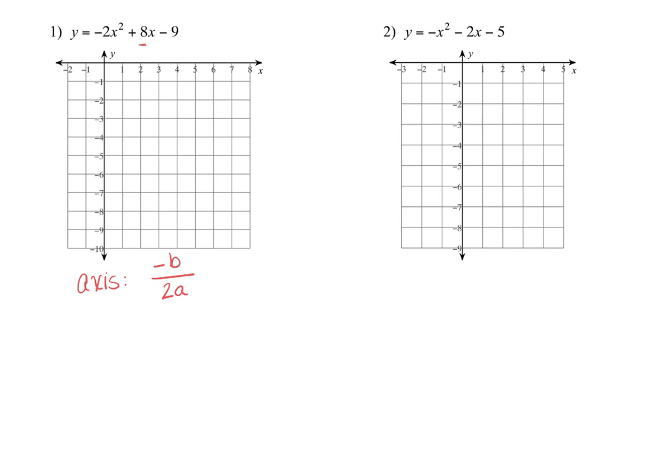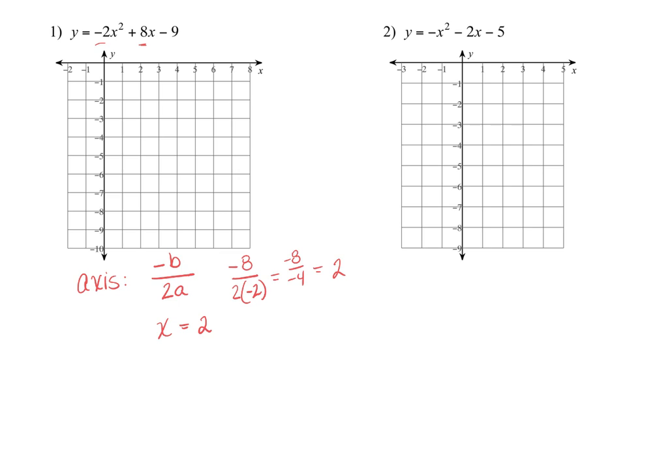So we're going to say -8 over, my a is -2, so 2 times a. So I end up with -8 over -4. You do want to reduce that. That is 2. The way I would write my axis is I would say x equals 2. Negative b over 2a is your shortcut to find your axis when it is in standard form.